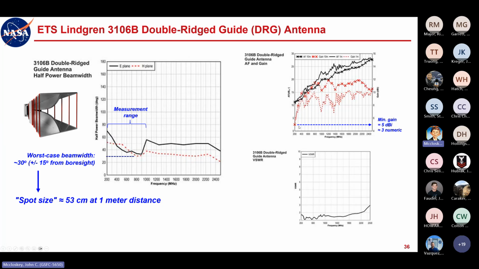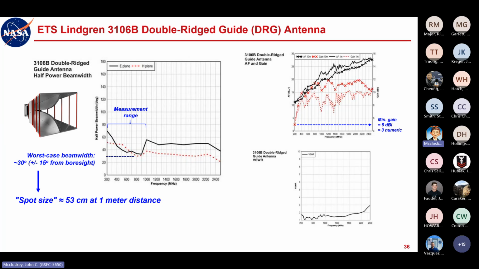In the calculation I'm going to show you, we need to use the numeric value of gain. So we've got to convert that to numeric. And then just for additional information, I'm showing the VSWR curve, the voltage standing wave ratio. It's a measure of impedance match or mismatch to 50 ohm.